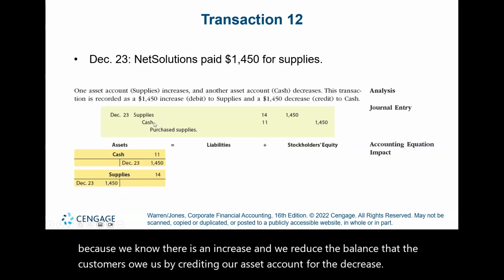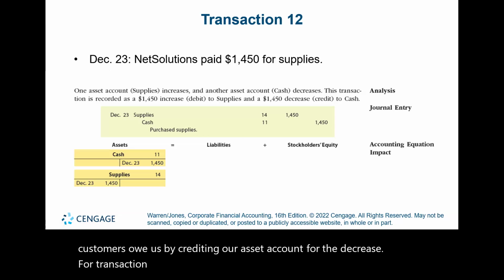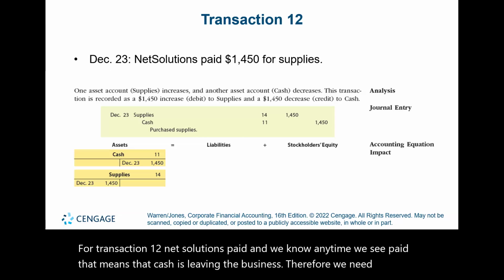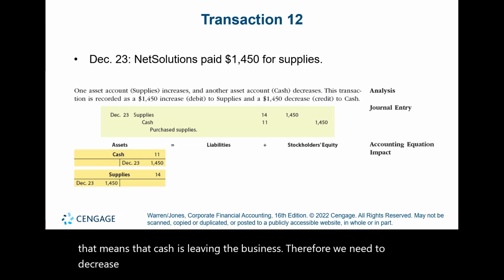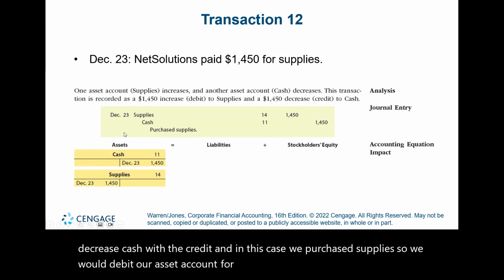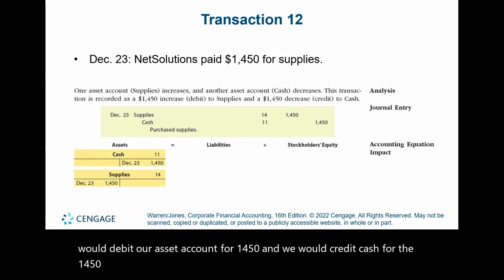For transaction 12, Net Solutions paid, and we know anytime we see paid, that means that cash is leaving the business. Therefore, we need to decrease cash with the credit. And in this case, we purchase supplies. So we would debit our asset account for $1,450, and we would credit cash for the $1,450 to show the decrease.